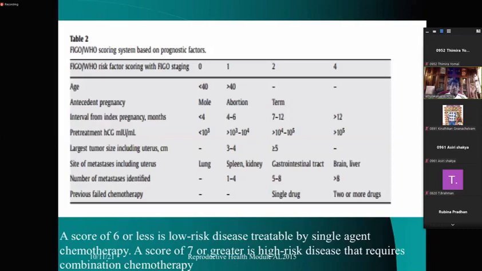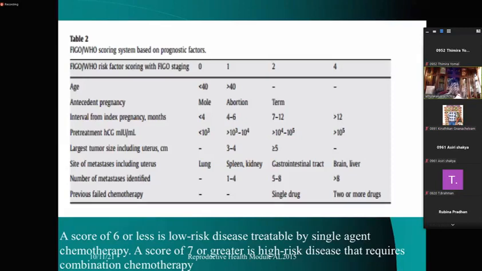Now when this spreads to choriocarcinoma and this malignant situation, the issue is you need to prognosticate them.